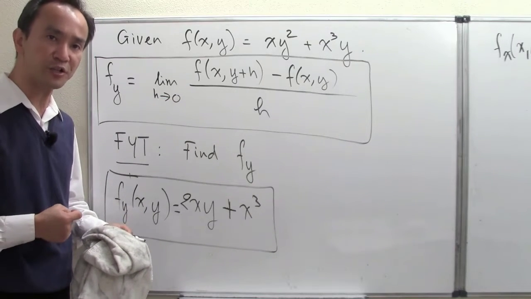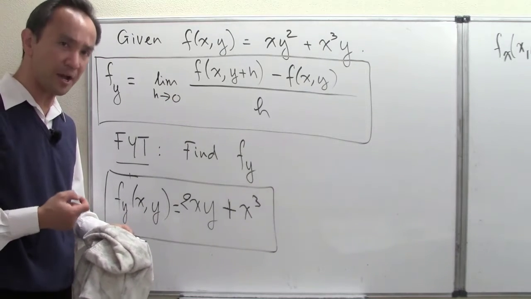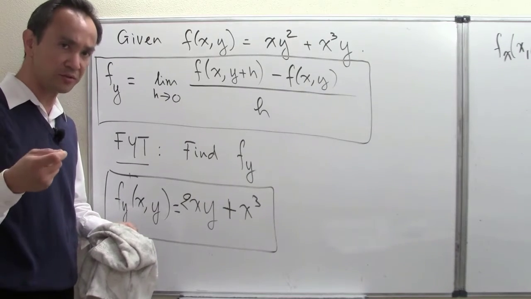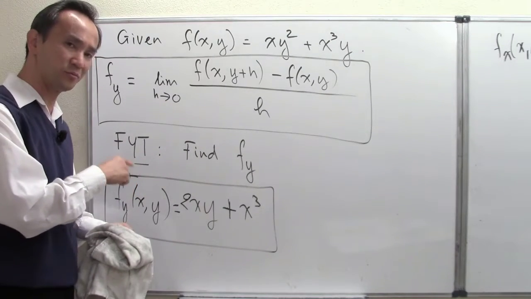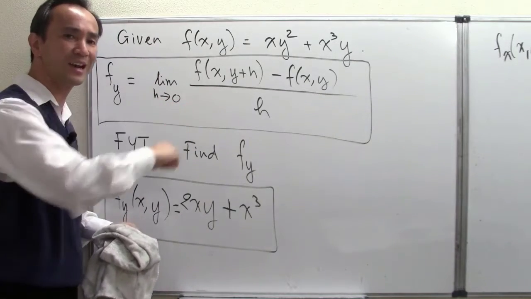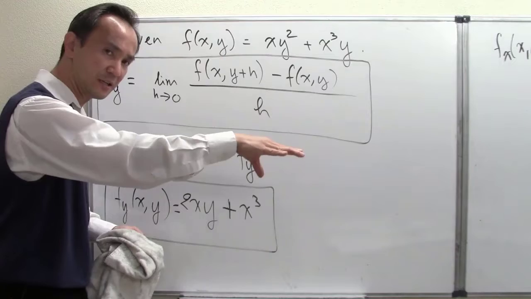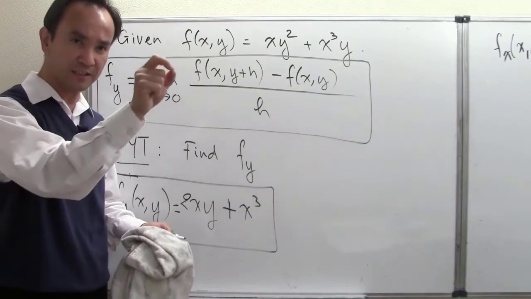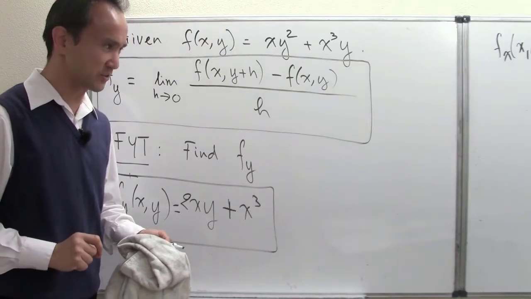There has to be a way, and I'm about to show that way of how we can quickly find a partial derivative without going through the lengthy limit process, even though the lengthy limit process here is the ultimate fundamental formula.